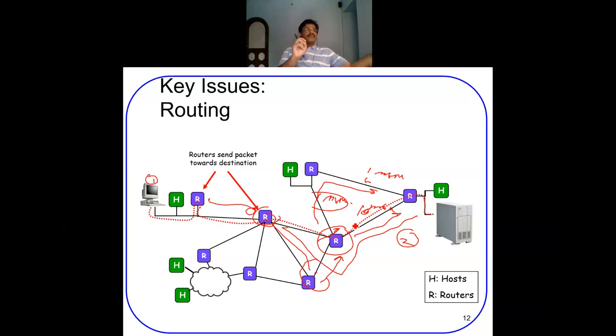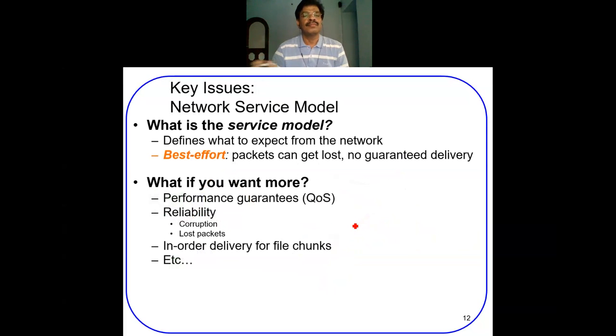And that's a very key design issue for the network of networks: how the packets are to be propagated. That actually defines the quality of service, the performance guarantees. Whenever you are sending one packet or one file of, say, 10 Mbps, that file should reach the destination end at a very fast rate.